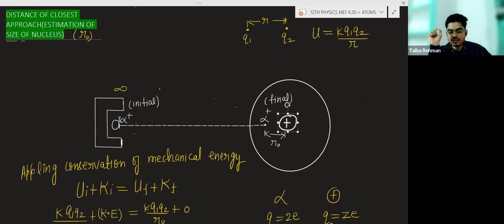At that moment, the distance between the alpha particle and the nucleus is the distance of closest approach.